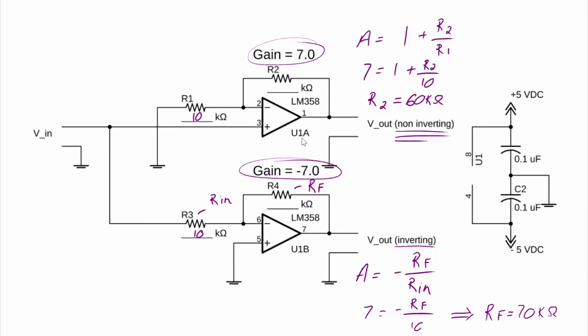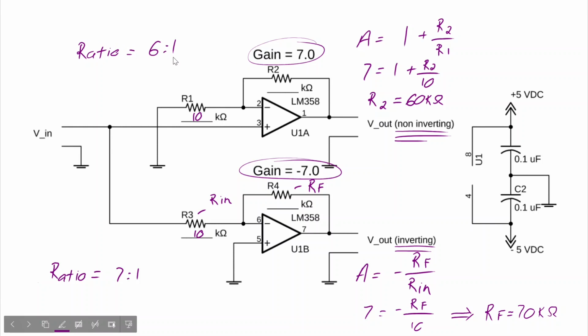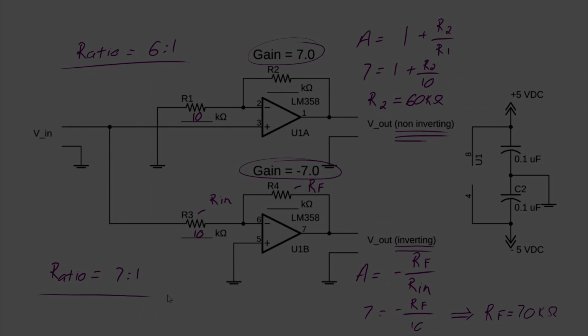Another way of thinking about that is the ratio for the inverting is equal to 7 to 1, whereas the ratio for the non-inverting is 6 to 1. Later on in this video, we'll come back to this ratio and we'll use that to select the desired resistors.